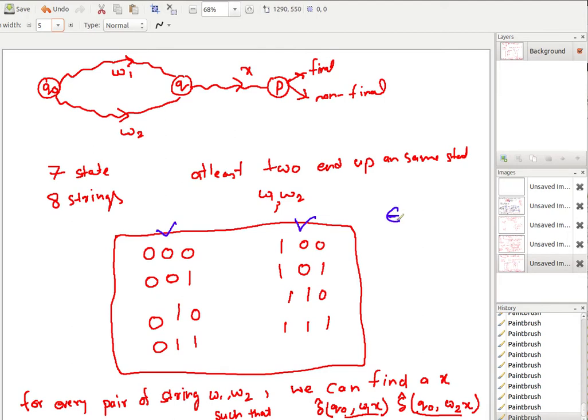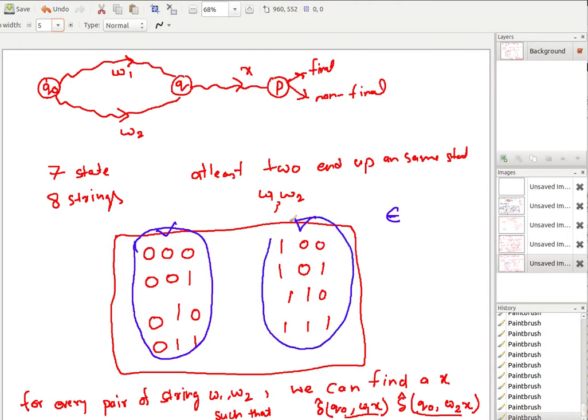If you pick any W1 from this set and W2 from this set and append epsilon, the string remains the same. So all these strings take you to a non-final state, while all of these take you to a final state because it satisfies the criteria. Therefore, these 2 strings cannot take you to the same state given any chance.